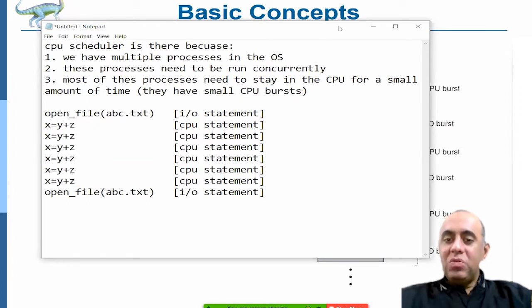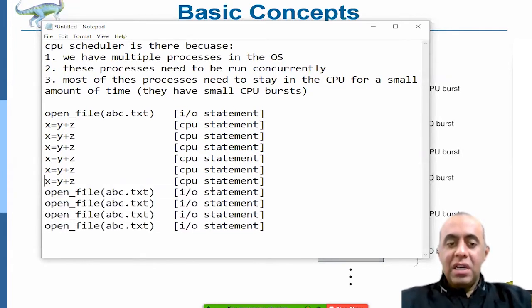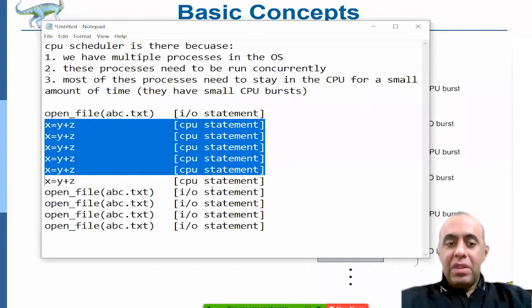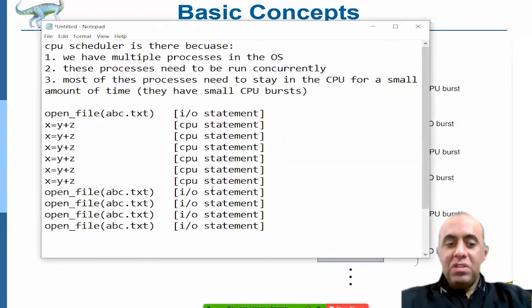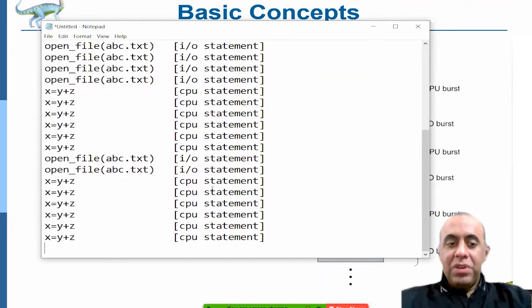And these CPU bursts are really many inside a program. For example, your program could look something like this, and then there would again be CPU instructions, and then again some IO statements and stuff like that.